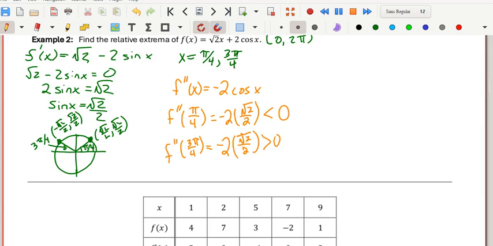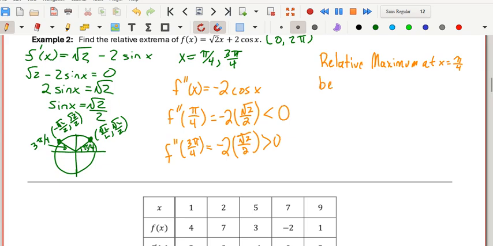So we do have a relative min and a relative max here. Is pi over 4 a minimum or a maximum? Less than, yeah. Reverse association. If you're not finding concavity, go reverse. So less than means maximum. Relative max at x equals pi over 4.